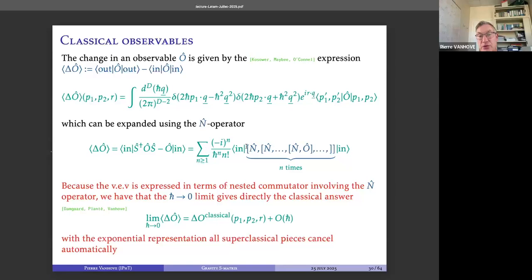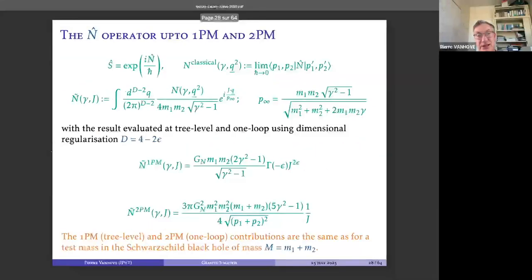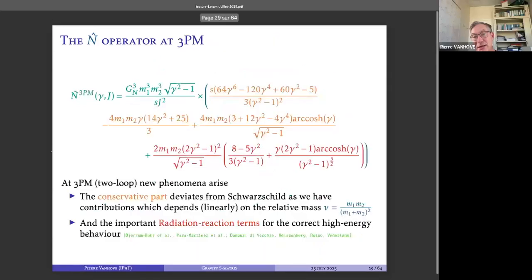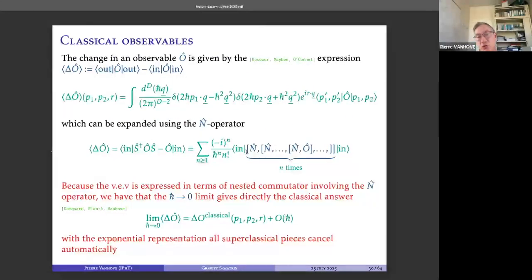I've presented a method here to compute one case, but it's not more complicated to apply it to the case where you have a commutator and nested commutator, and what I've said before applies.